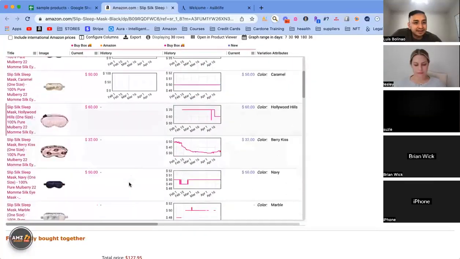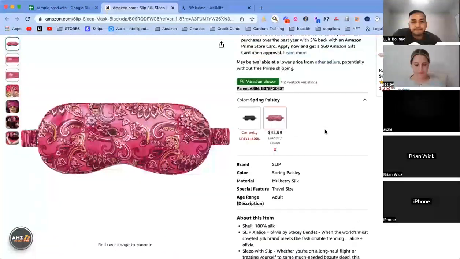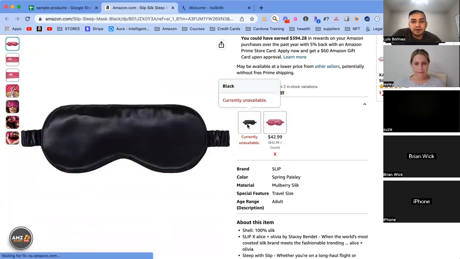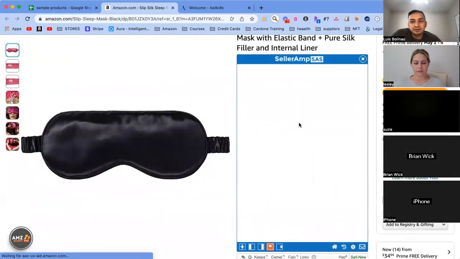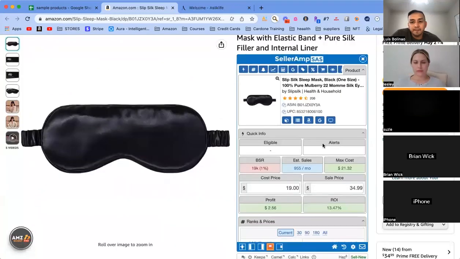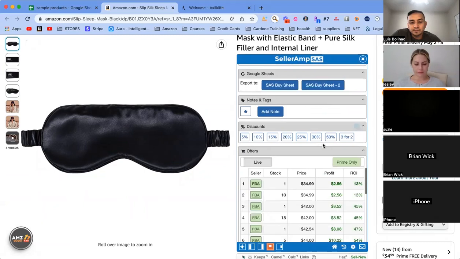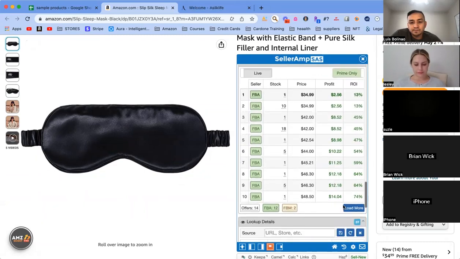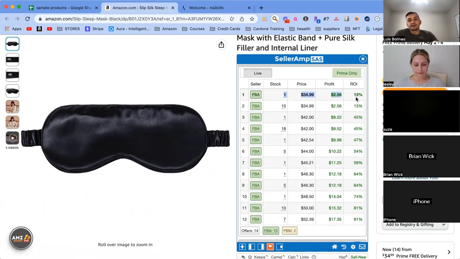And then one other question, can you go back? So it's just talking about the black one right now. If you're actually considering selling this item and you go to look at the competition. Okay, so black, and then the competition. Let's see. Okay. So I noticed that really only two are selling it for $34, right? Even though there's a bunch on there.